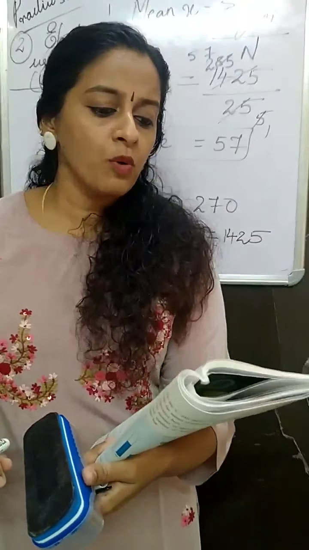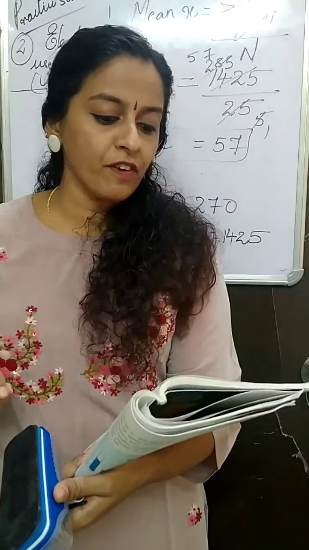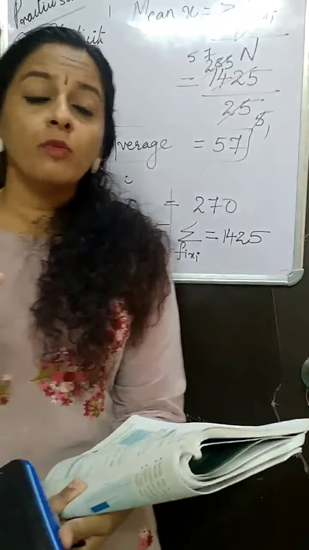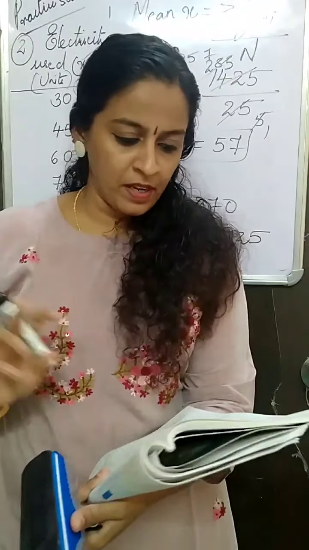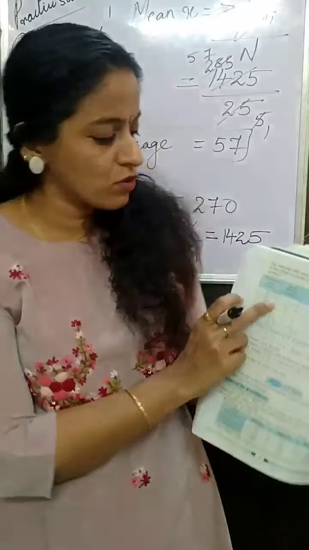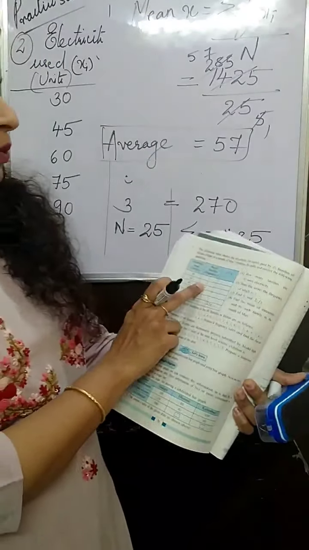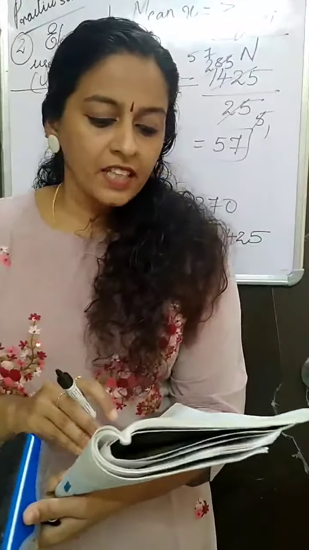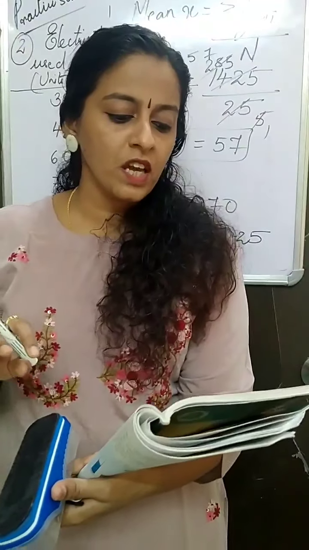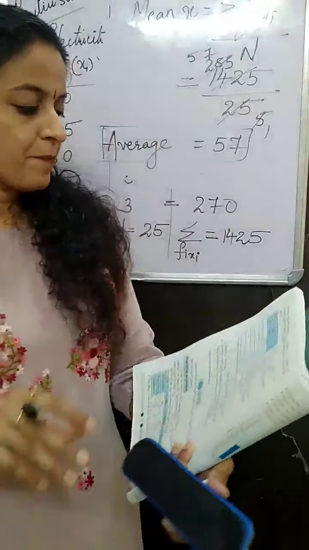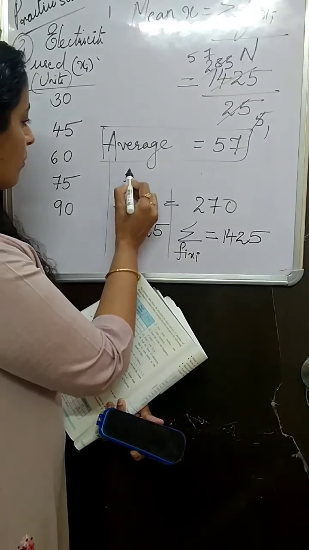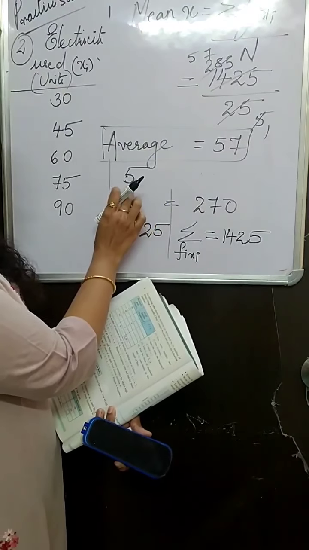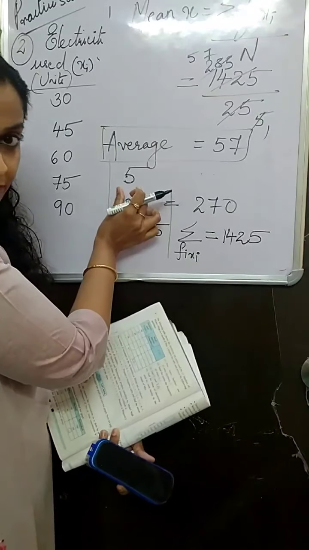First question is, how many families use 45 units of electricity? 2 families. So the first answer is 2, as you can see in the table. Next, state the score whose frequency is 5. You will look at 5 in the frequency column.